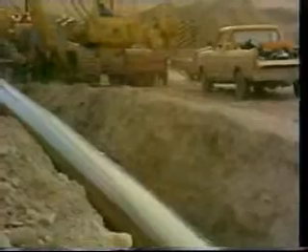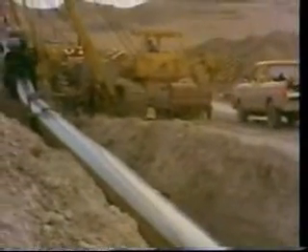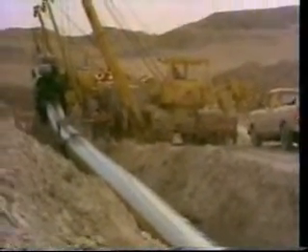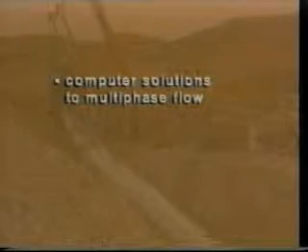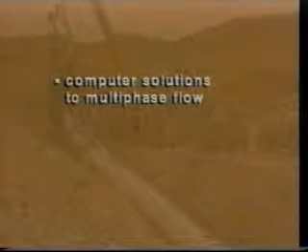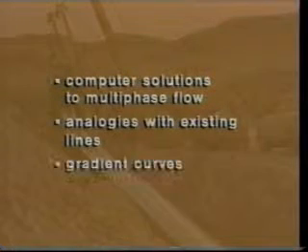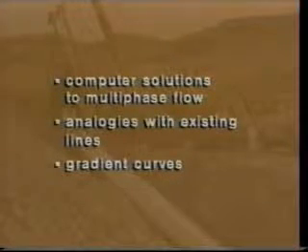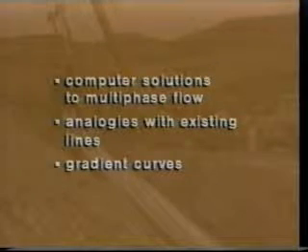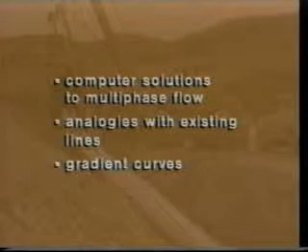Fortunately, there are several additional ways to determine the pressure drop through a multi-phase flow line. These techniques include computer-generated solutions to multi-phase flow equations, actual field data from existing flow lines, and horizontal flow gradient curves. Let's perform an actual calculation using the gradient curves.